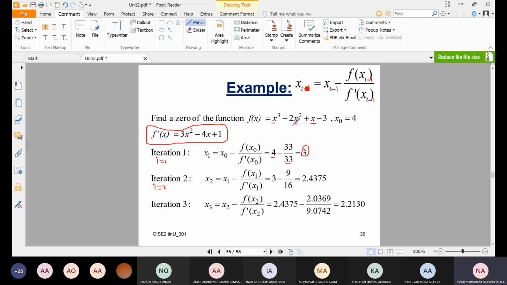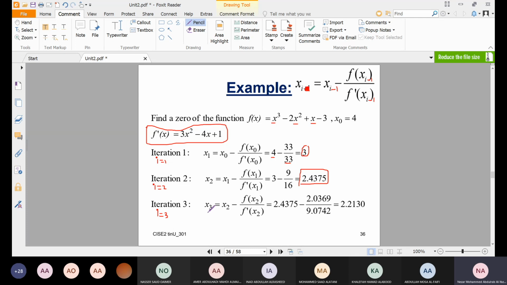Evaluate the function at 3, and evaluate the derivative when x equals 3. I will get the new estimate of the root equal 2.4375. After that, I will use the third iteration like this one.